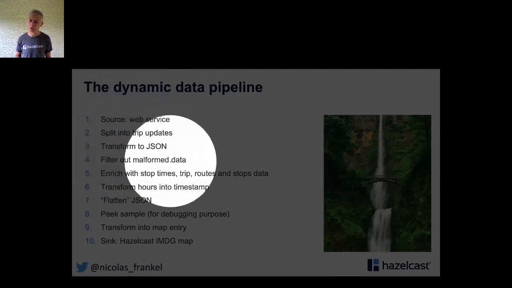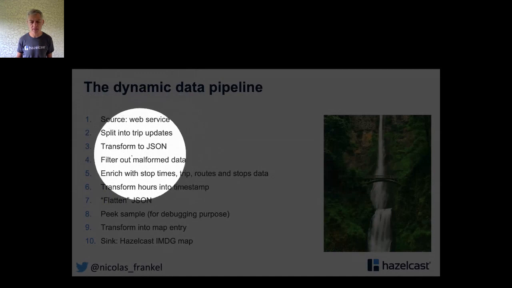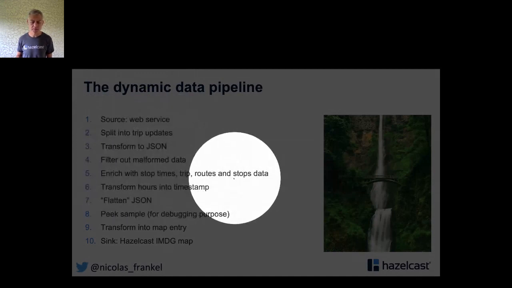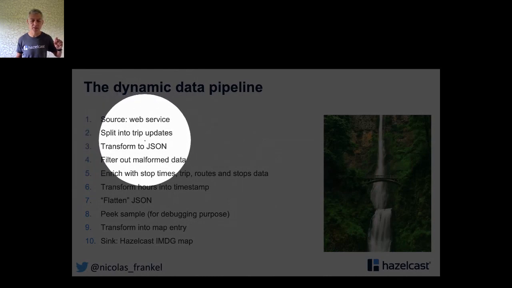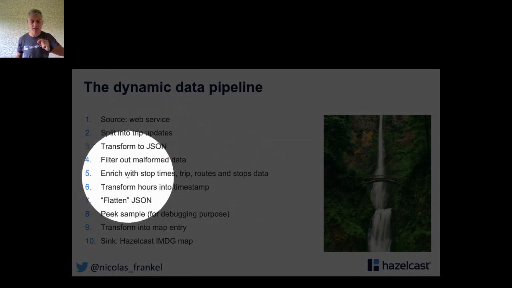Then I filter out bad data because otherwise my pipeline breaks, and I don't want that. Then I enrich it with stop times, trips, whatever. And this is what I mentioned before. Here in the payload, I get ID referencing stuff that is actually stored in the data file. So I first load everything into memory, and then I can enrich the data in memory.